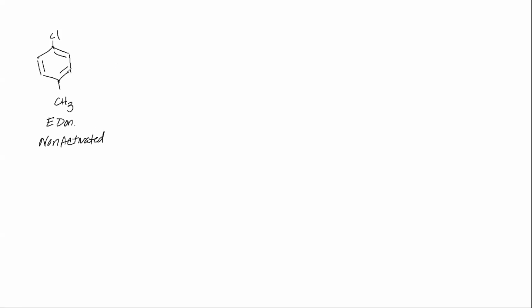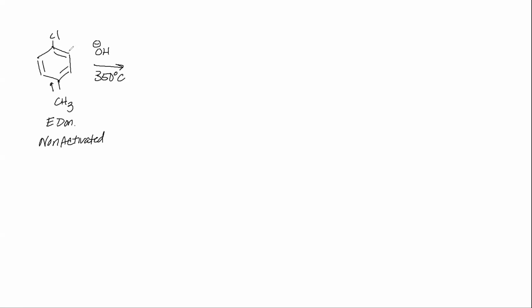And without the groups to stabilize the negative charge, if I want to do this reaction with hydroxide, it's going to take 350 degrees Celsius to get this reaction to go. And also because there's no groups here to stabilize the negative charge, and because methyl's an electron donating group, if I put the negative charge next to the methyl group, it's going to be wanting to push electron density into a carbon that already is negative. So that's not going to work out very well.